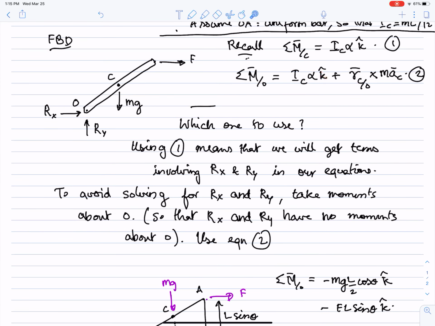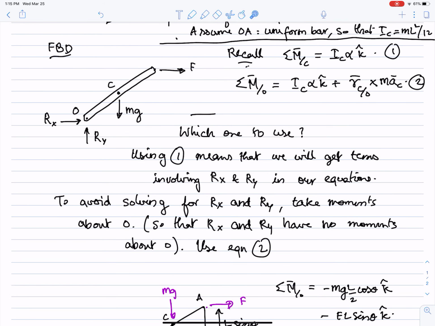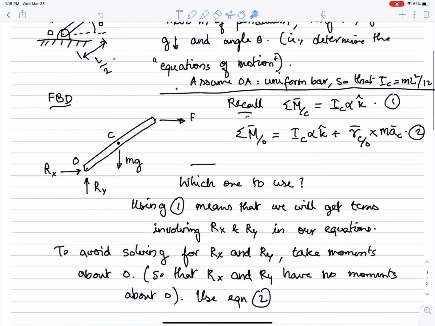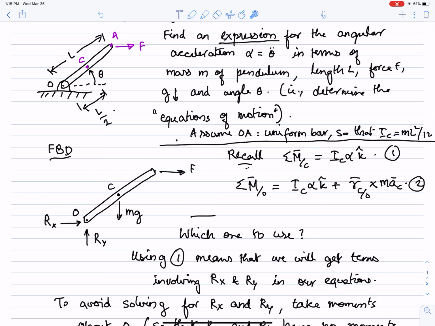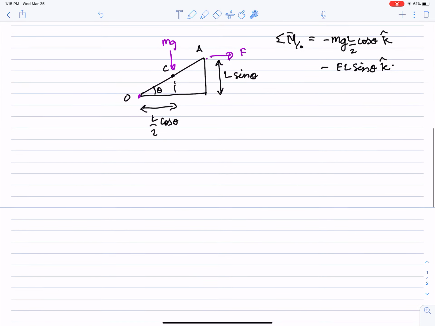What is the right-hand side? To get the right-hand side, we need IC, which is known to be ml squared over 12. Alpha is just theta double dot. And then we need to find these things, RC with respect to O cross m aC.